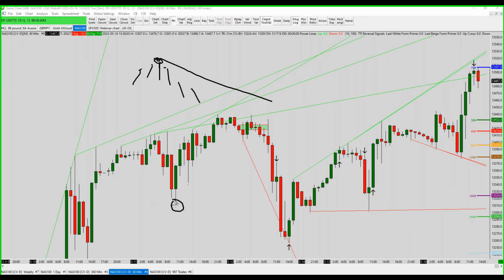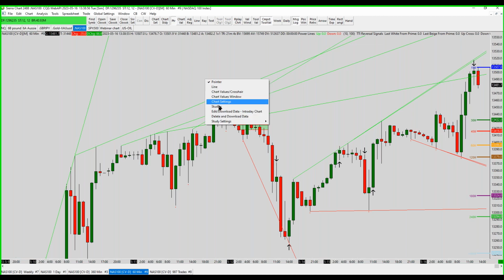See this? There's a fractal. And you have at least two lows on each side that are higher. See? And this is a fractal. But of course, there are also rules. One of the rules is that if one of these lines gets broken, or let me show you how it works.